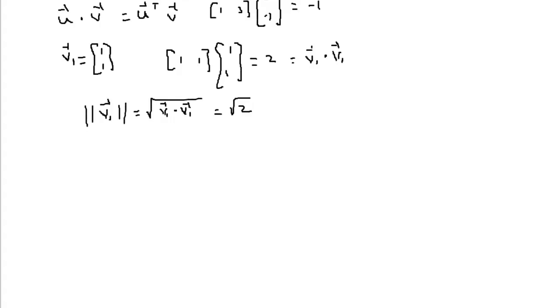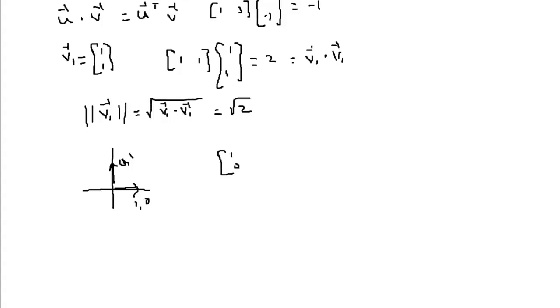Another important thing to know is that the dot product of perpendicular vectors is always 0. An easy way to see this is if we look at, for example, suppose we're in the plane here. We consider this vector and this vector. So this is the vector 1, 0, and this is the vector 0, 1.